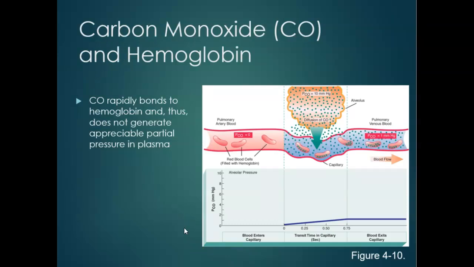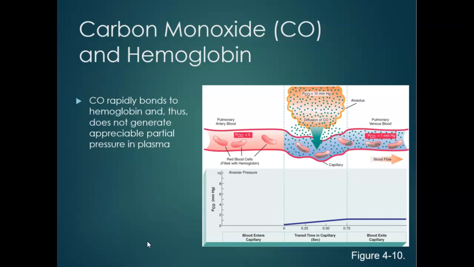So another gas that's worth noting during diffusion is carbon monoxide and hemoglobin. Carbon monoxide rapidly bonds with hemoglobin and then doesn't generate much partial pressure in the plasma. Again, anything that's going to exert partial pressure is something that's dissolved in the plasma, like the oxygen or carbon dioxide.